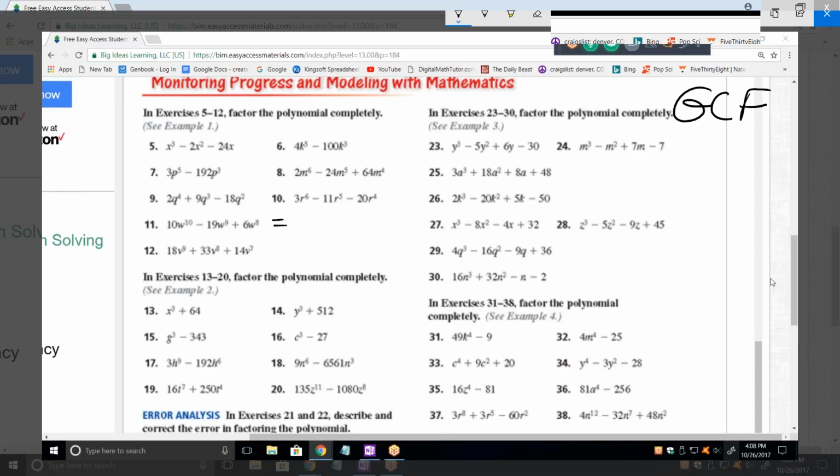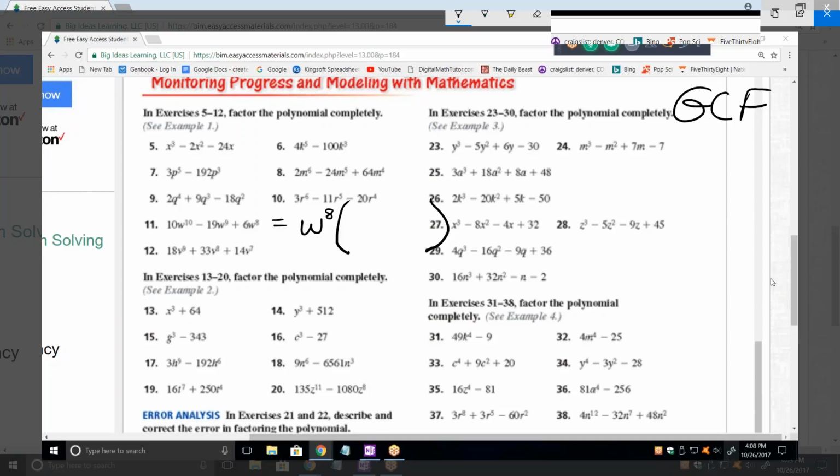No matter what you're looking at, if there's a GCF, you want to take it out. Is there a GCF here? No. Actually, there is. W to the 8th. In other words, do not ignore the variables. Not just numbers that are GCFs.